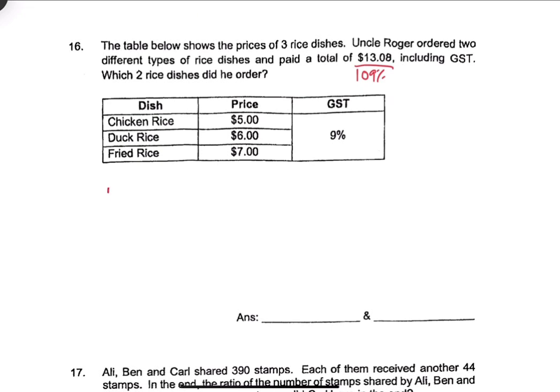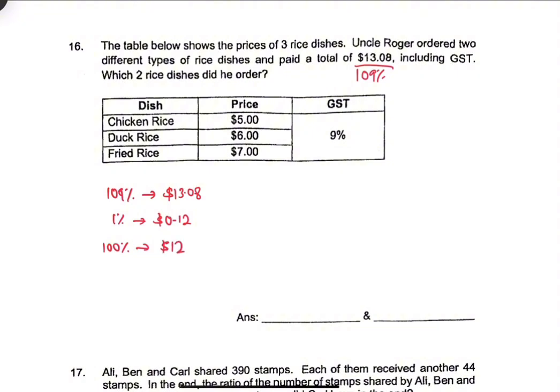So we will start with 109% is $13.08. I need to find 1% in order to know the original price before the GST. So I'll use 13.08 divided by 109. Every 1% is 12 cents, which means 100% is $12.